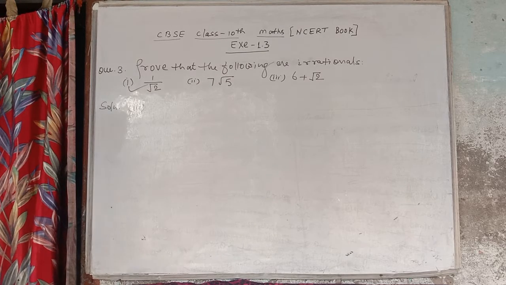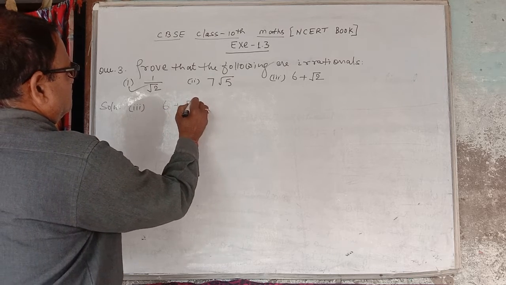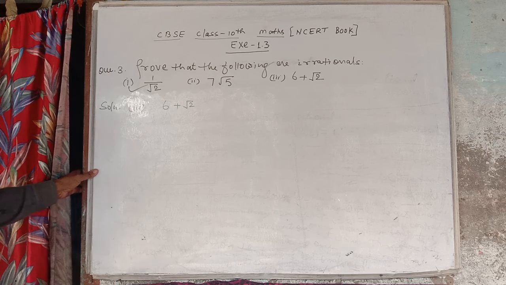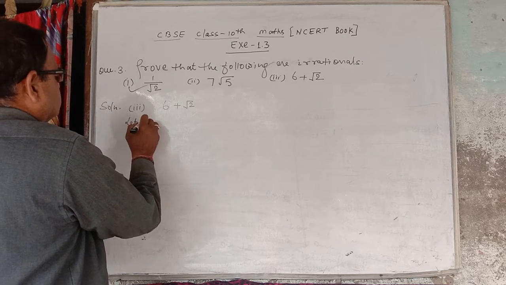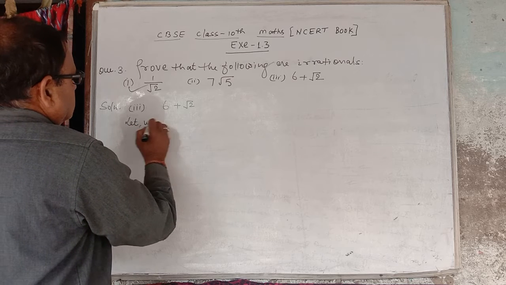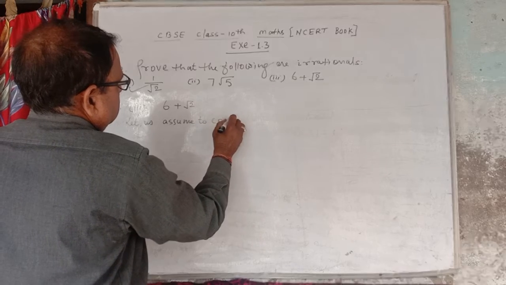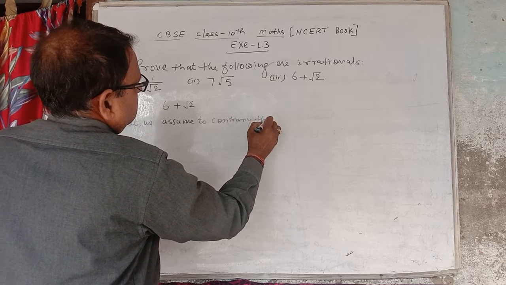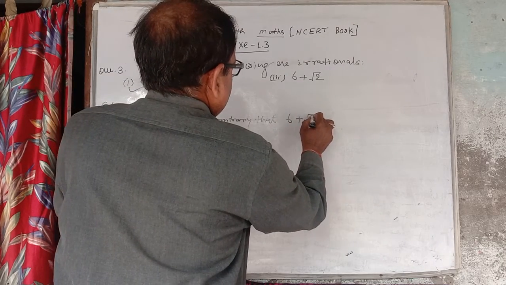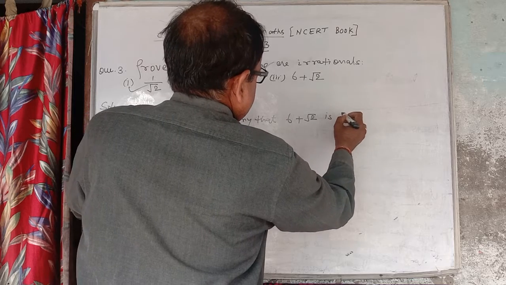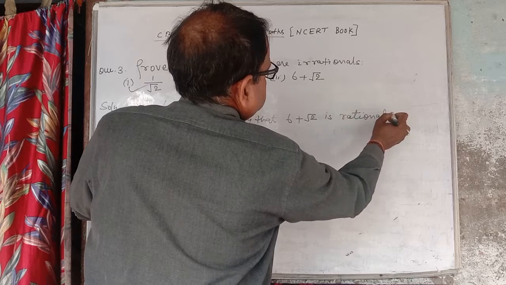Now question number 3, we have to prove that 6 plus root 2 is an irrational number. Let us assume to the contrary that 6 plus root 2 is rational.